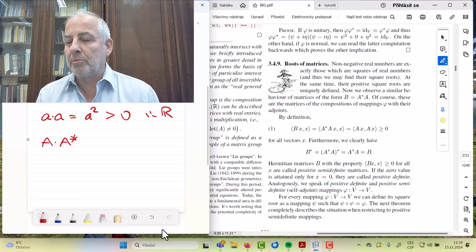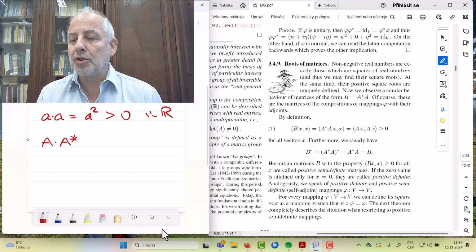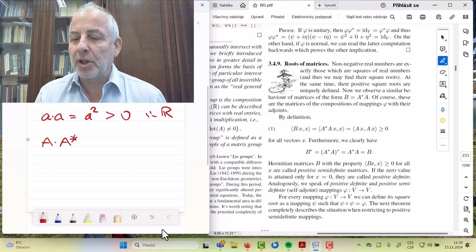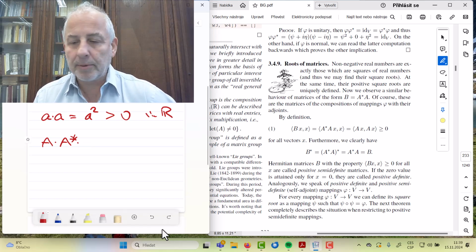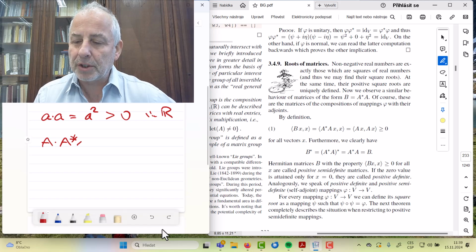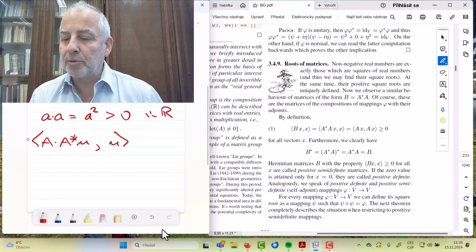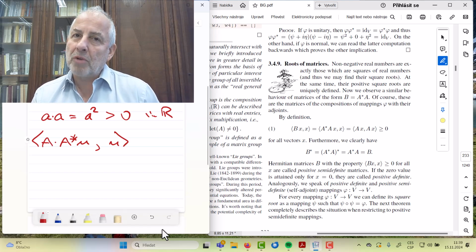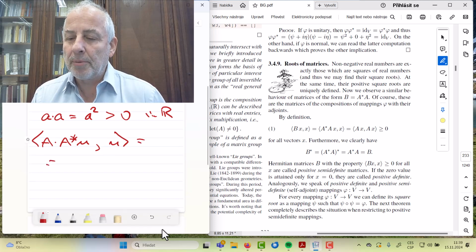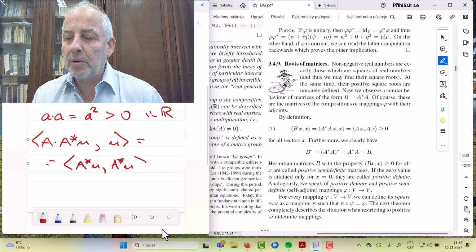Because if I hit this with U and again U with the scalar product, then, because we know how to write the adjoint, this will be equal to the scalar product of A star of U with A star of U, and we know that this will always be real and bigger than or equal to 0.